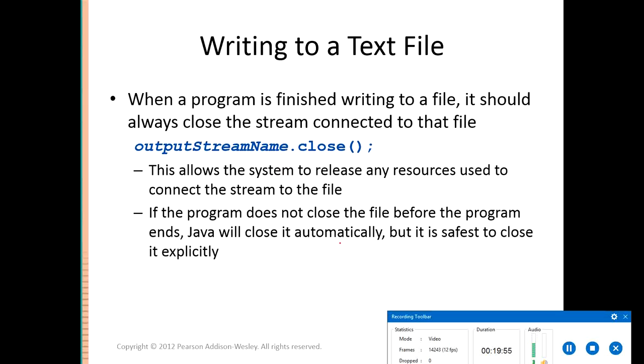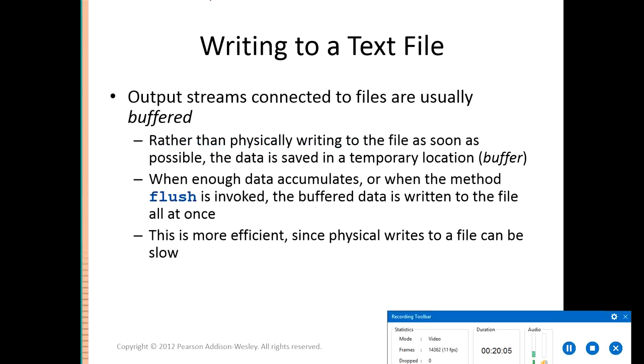If the Java program does not close the file before the program ends, Java will close it automatically, but the safest way is to close the file before you end your program. Output streams connected to files are usually buffered. Buffered means the data will not be sent as a continuous stream, but it will be stored in some memory location.